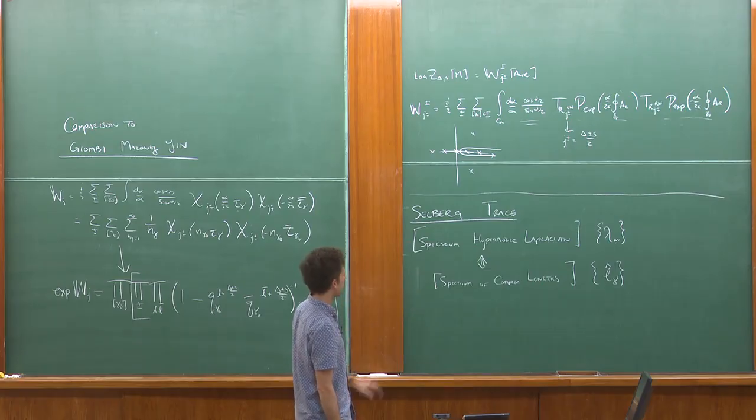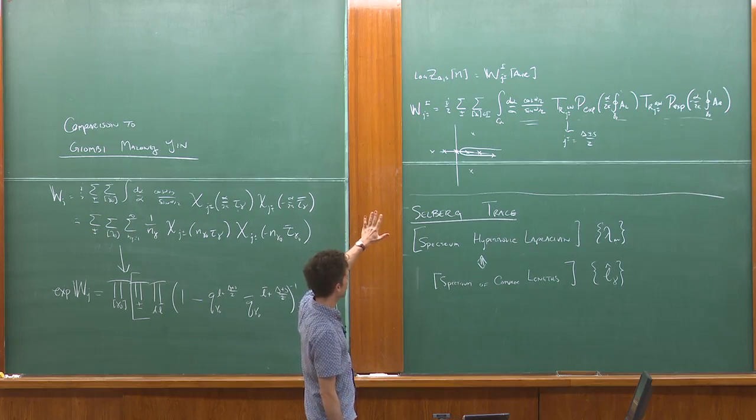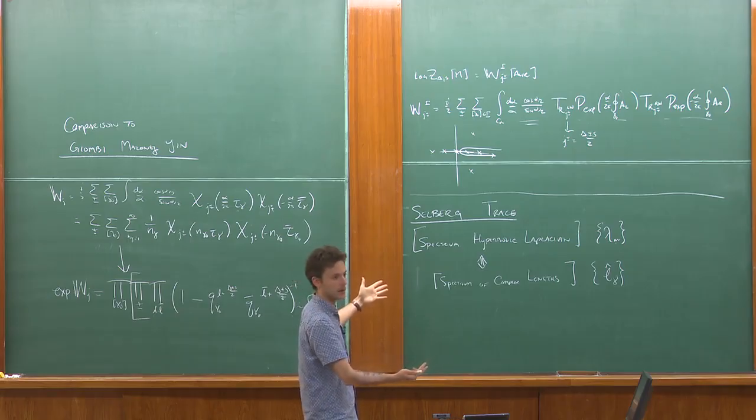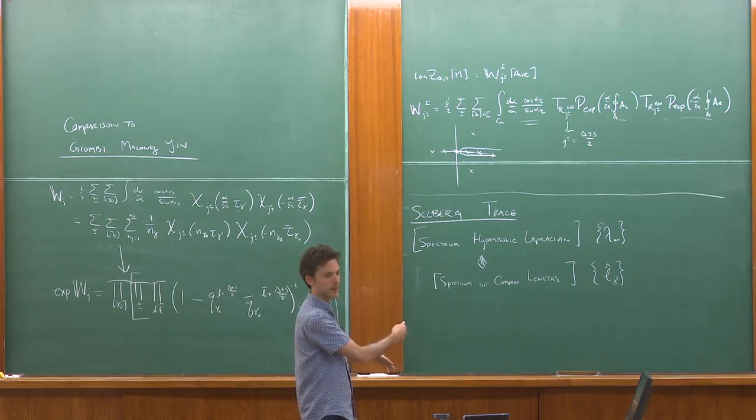In this case, I would take all primitive geodesics, and then all those primitive geodesics in some way generate all the elements of gamma, in the way that every element of gamma can be written as a primitive to some power, at least when it's torsion free.